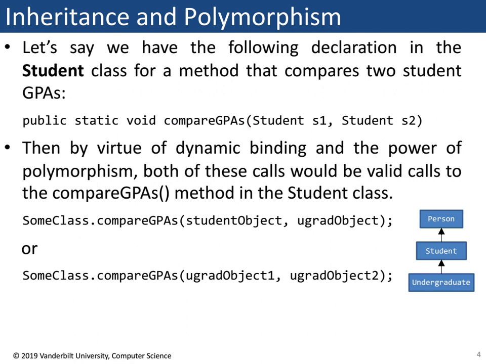However, we're able to pass a student object and an undergrad object, or two undergrad objects instead. The reason is because an undergrad object is a student object. So this undergrad object is also a student object, as is this undergrad object. So we are able to pass an undergrad object into a parameter which expects a student object because of polymorphism, and it will not interrupt or break the methods.